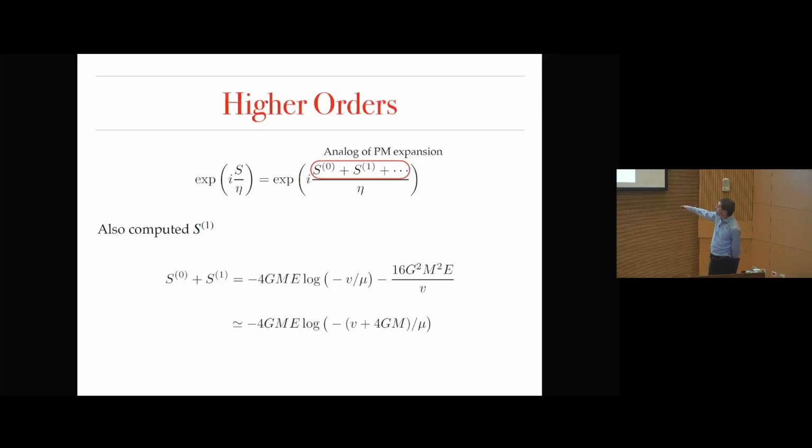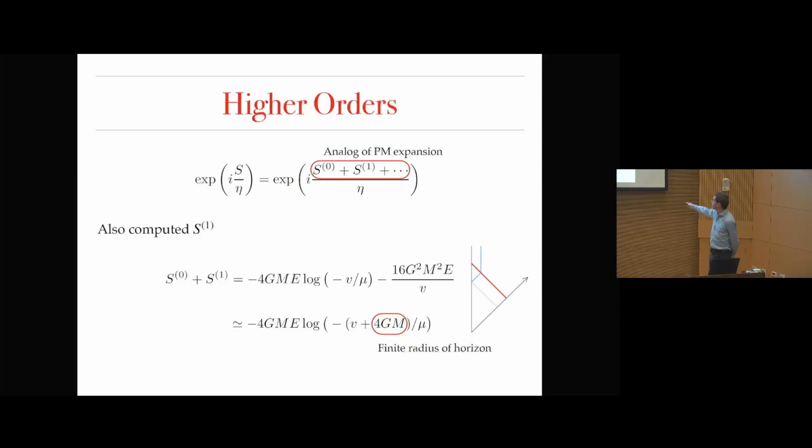With some judicious foresight, you could see that this term comes from expanding this function here, the log of minus V plus 4GM. This answer in the bottom line follows from Hawking's work. That's exact in this geometric optics approximation. This is the exact phase. So the fact that this came out is a verification of what we did. Now the 4GM here is very interesting.